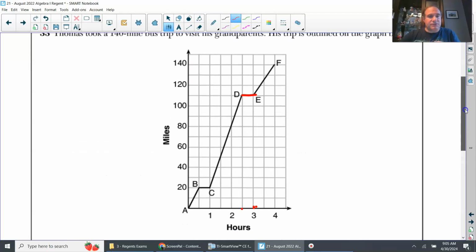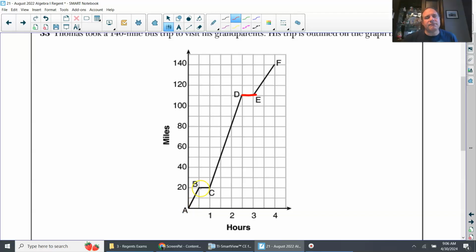State the interval in which the bus traveled the fastest. So for the fastest, you just have to look at the graph and look for the steepest line. And the steepest line represents the fastest speed, the fastest rate. But I just wanted to take a look at this. From A to B, that's a half hour.